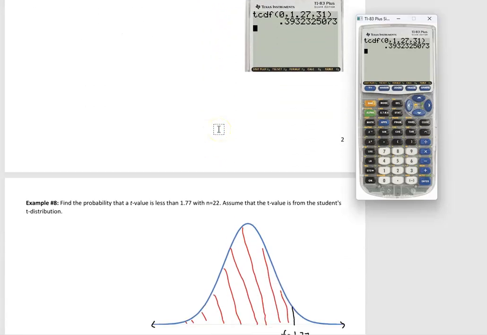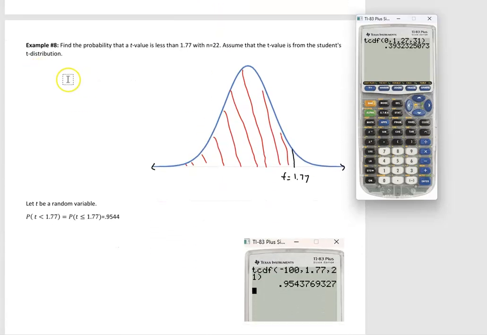For instance, let me talk about example 8. On example 8, they want the probability that the t-value is less than 1.77. That means you're including all the values from negative infinity, so there's a little bit of area below this curve all the way to 1.77. I'm rewriting the statement by first declaring the variable, then less than, and I'm rewriting it as less than or equal.